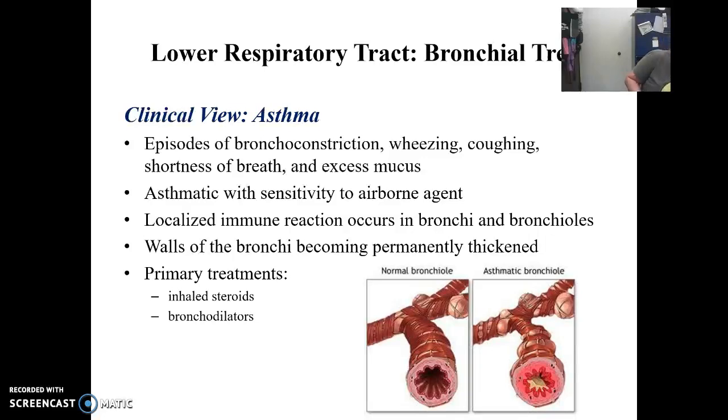Typical treatment for an asthma attack is using some type of an inhaled steroid and a bronchodilator. So this is a bronchodilator. This is called albuterol. This is a rescue inhaler. So when you use this, it's actually going to allow us to get more air in. It opens up those airways.